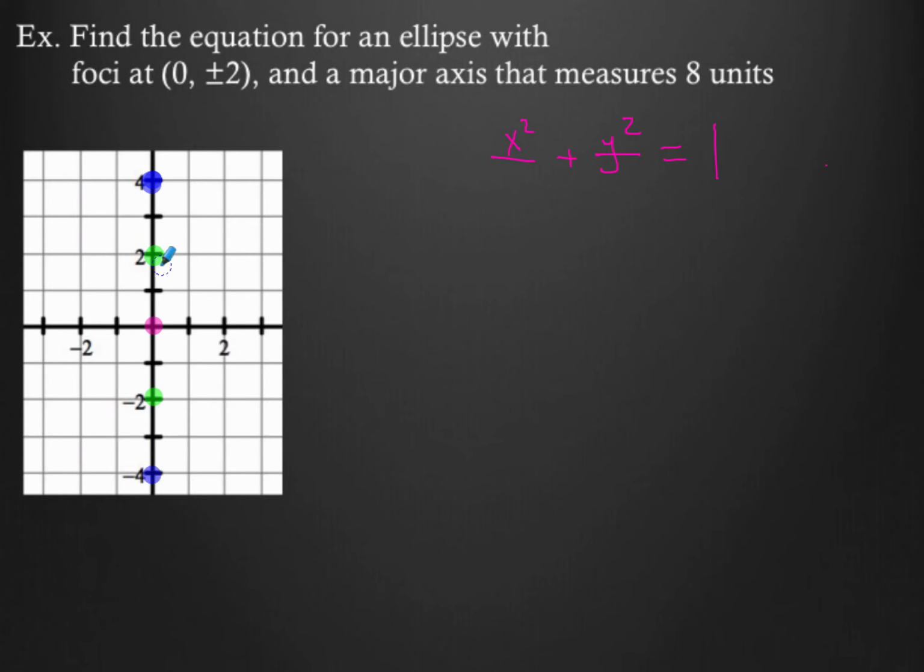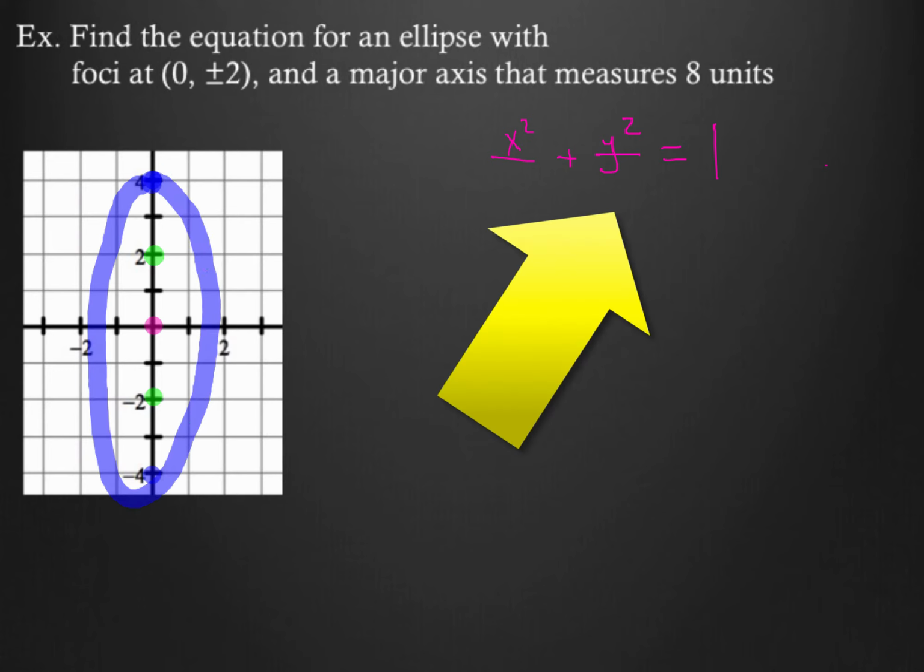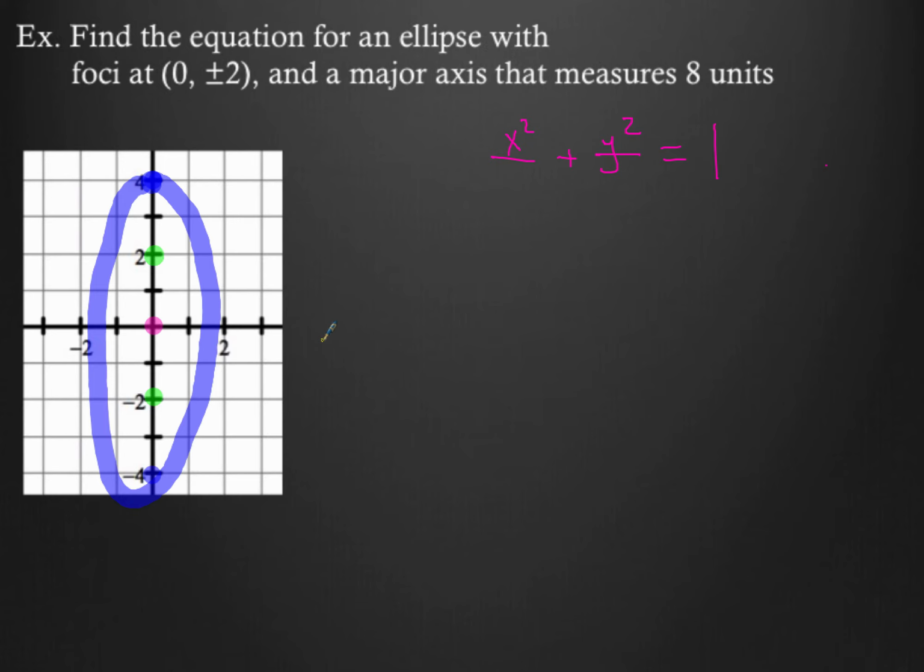This is telling me a little bit right here. I'm figuring out that my ellipse is going to be shaped like this. If I have an ellipse shaped like that, that means my a squared term is going to go underneath my y squared. Let's figure out what that a squared term is.